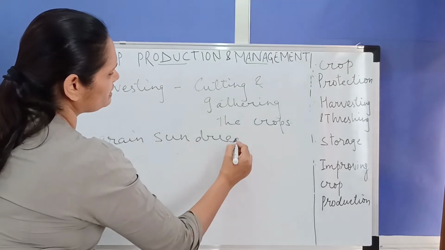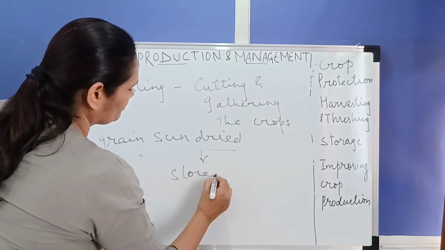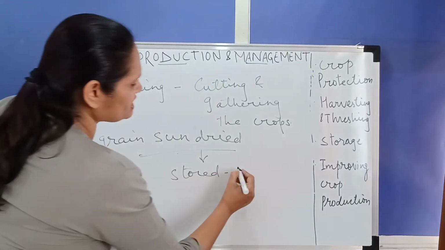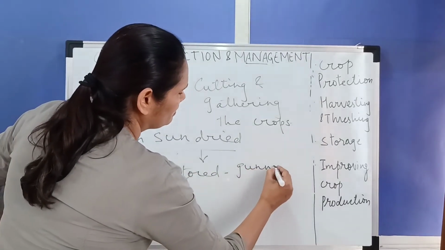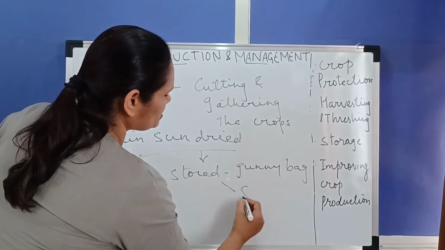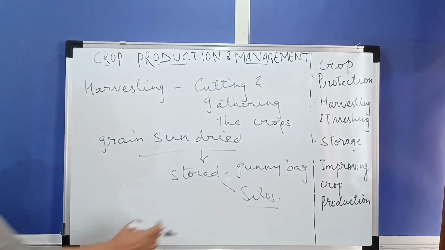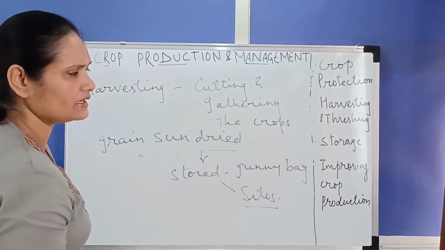Yes, it is dried in the sun and then it is stored. Sometimes it is stored in gunny bags, right? Or sometimes it is stored in silos. These silos are huge metal containers in which the grains are stored.